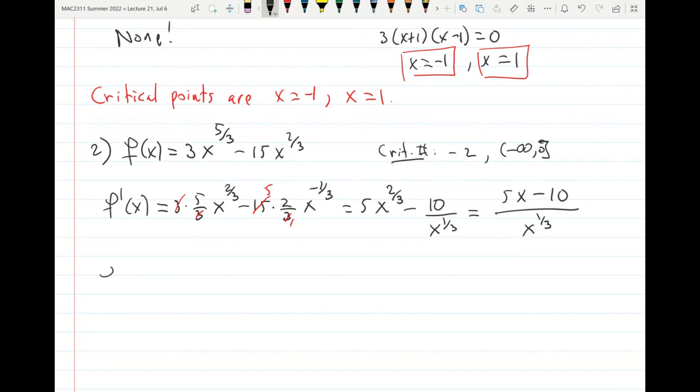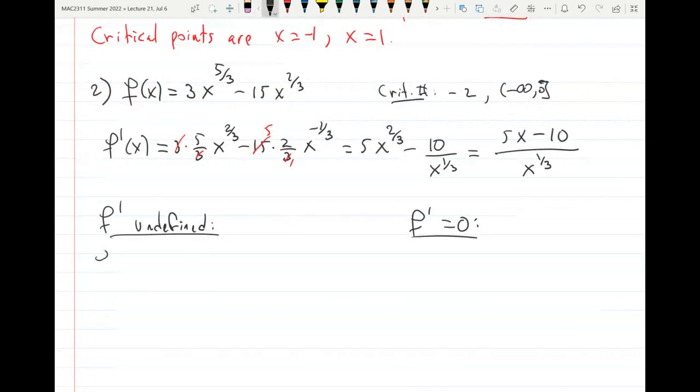So next we need to figure out where f prime is undefined. And also we need to worry about when f prime is equal to 0. So let's see, remember, f prime of x is 5x minus 10 over x to the 1/3. Is this expression undefined at some point?